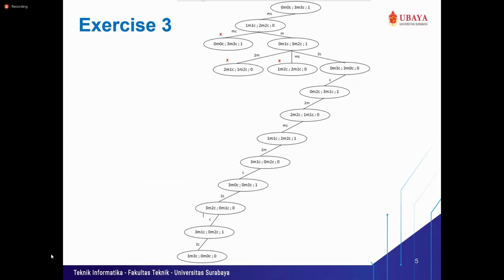Next, exercise 3. Because we are using depth first search for now, we go inside first, right? When we found one, we found one. This is one of the solutions. It depends on how you structured the sequence, maybe 2C, C, MC, M, 2M, or maybe the reverse of it.